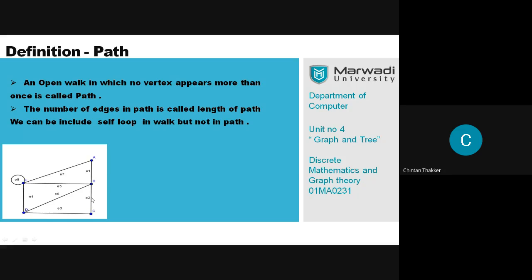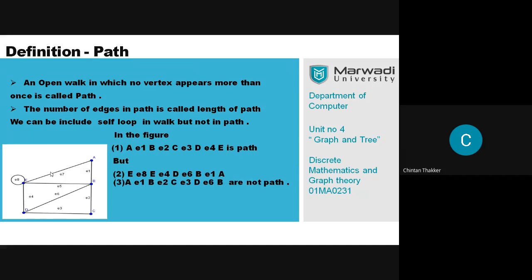So the length 4 path is only this one: A, E1, B, E2, C, E3, D, E4, E. This is the only path of length 4. Then we have length 3, length 2 and length 1 paths. So these are the paths from A to E.